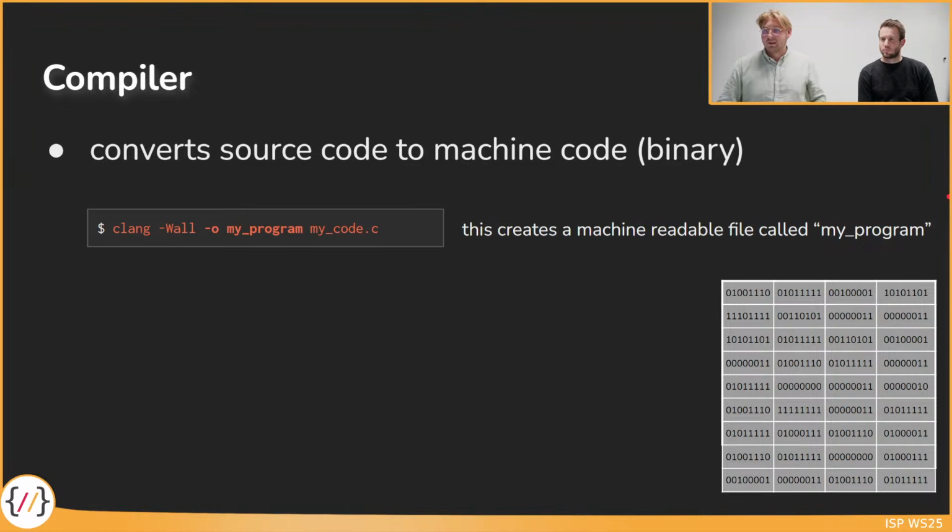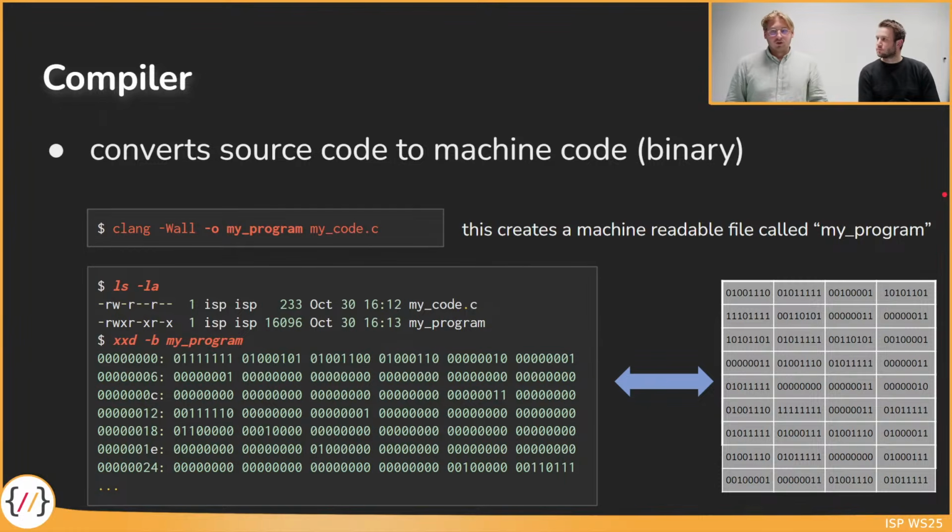This is what really produces a file that can be executed, that is readable by the computer. So whenever you want to compile your C code, or your file that contains C code, you can use, for example, this command here: clang, in this case, with the flag -Wall and then -o and the name of your program.